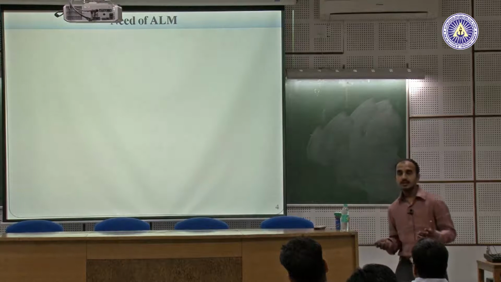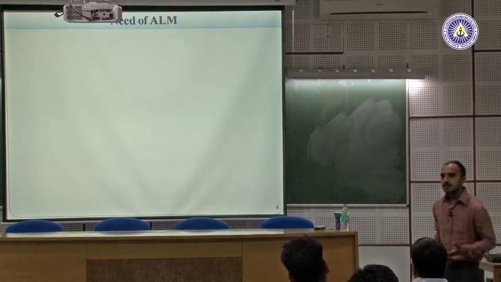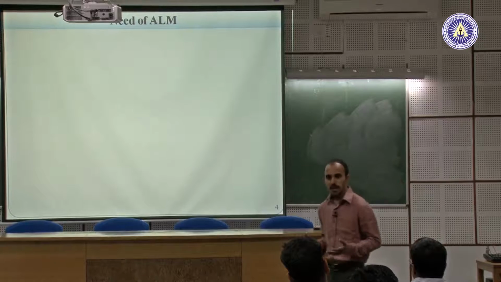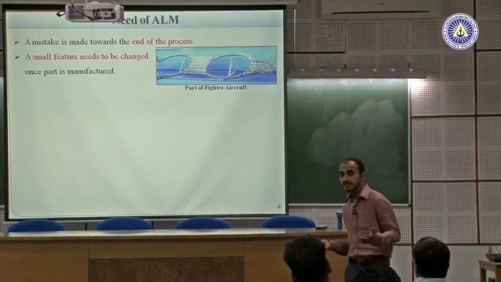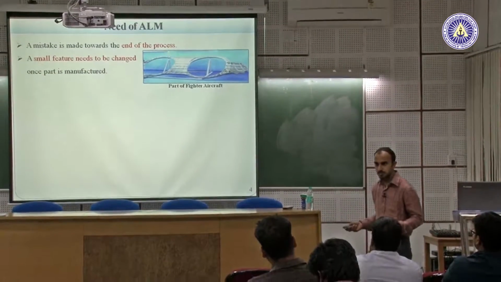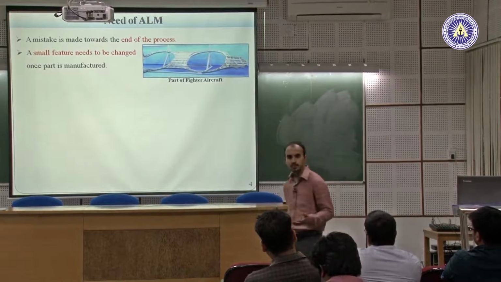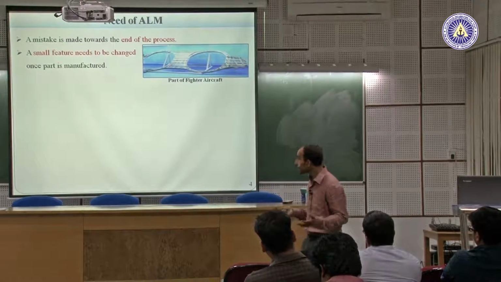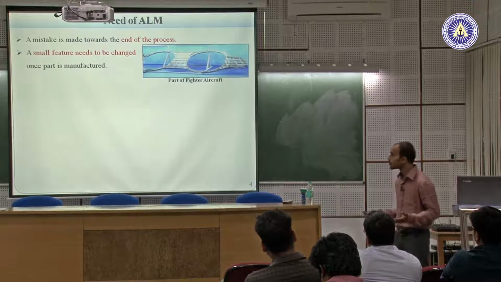But what is the actual need of additive layer manufacturing? Suppose a part costs more than 20 lakhs, and a mistake is made towards the end of the process. What will happen? Can we scrap these products? No, it is not possible. Suppose a small feature needs to be changed once a part is manufactured. Suppose a part is not possible to manufacture by the traditional method. Then what will happen?